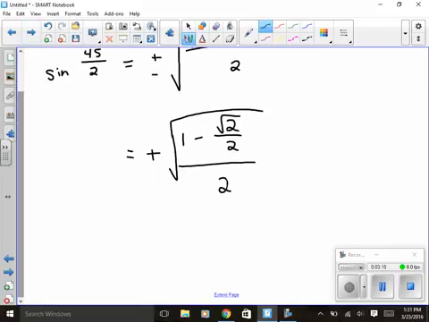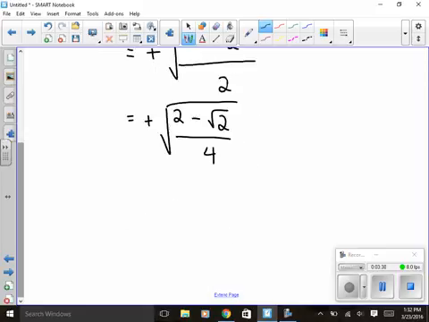To help get rid of the square root of 2 fraction, I'm going to multiply everything by 2 so that I no longer have that fraction. So I've got plus the square root of 2 minus the square root of 2 over 4, because 2 times 1 gives me the 2. So again, I multiplied everything by that 2 so I could get rid of it.